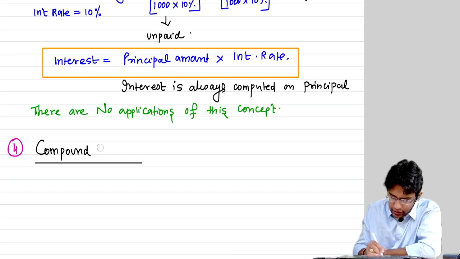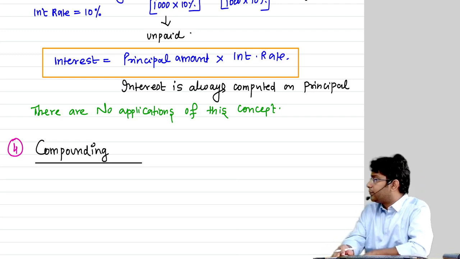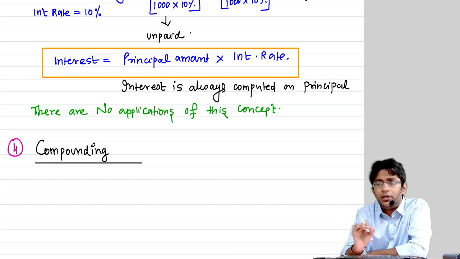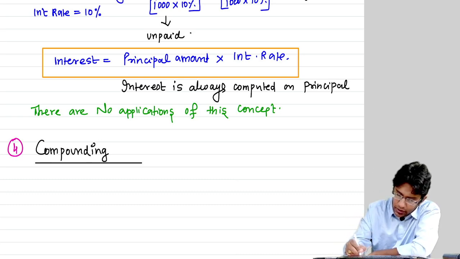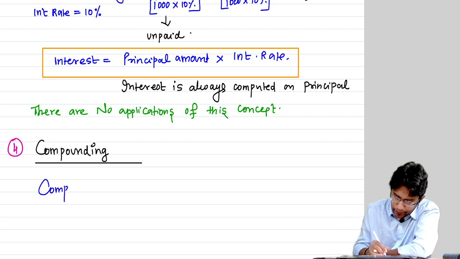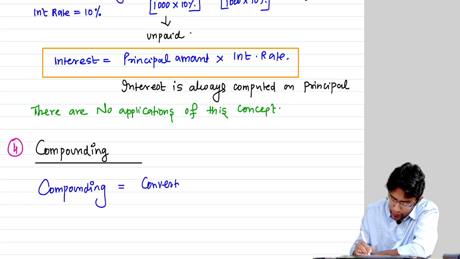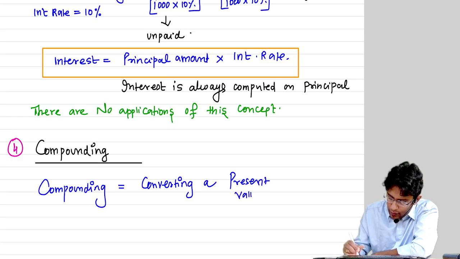Compound interest, or you can call it compounding. Now, what is the meaning of the term compounding? Compounding is equal to converting a present value into future value.